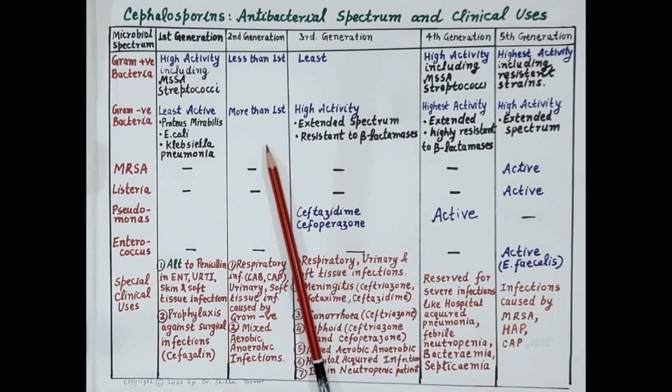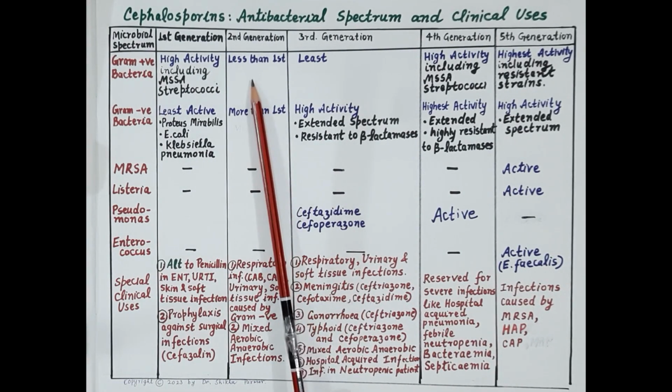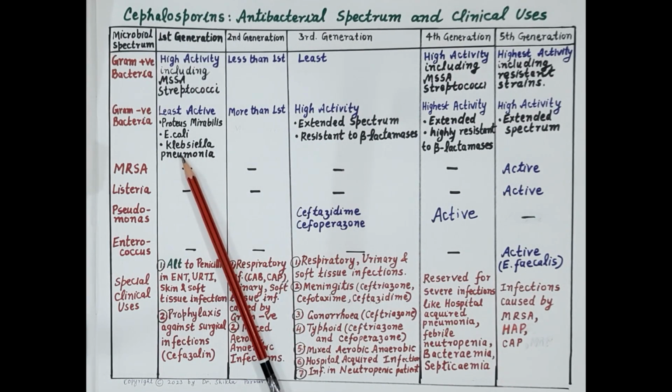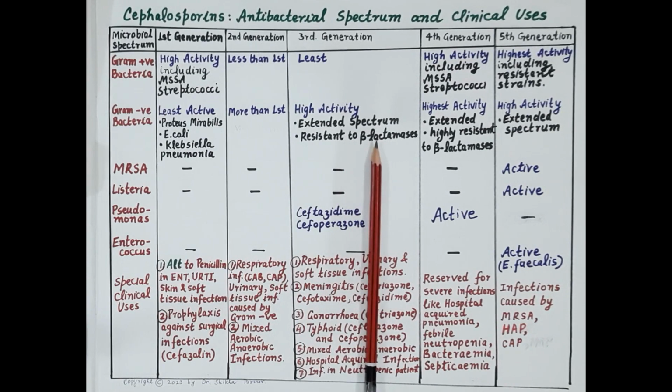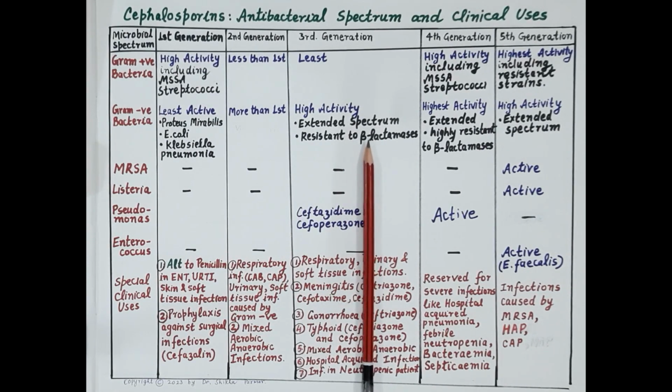Now second generation cephalosporins, these have less activity against gram-positive but more active against gram-negative bacteria compared to first generation. Now utility of these drugs has declined and more of third generation cephalosporins are used for gram-negative infections.